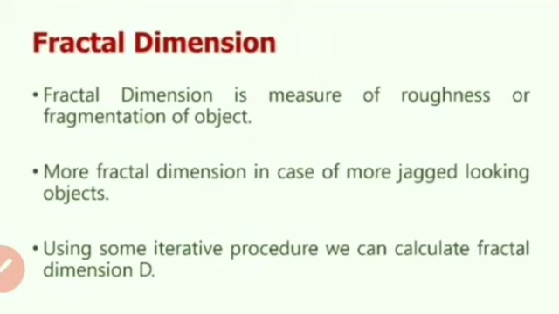Then the next part is the fractal dimension. To draw these fractals we have to use two dimensions. One is the topological dimension and the second one is the fractal dimension. Out of this, fractal dimension is one of the most important concepts.